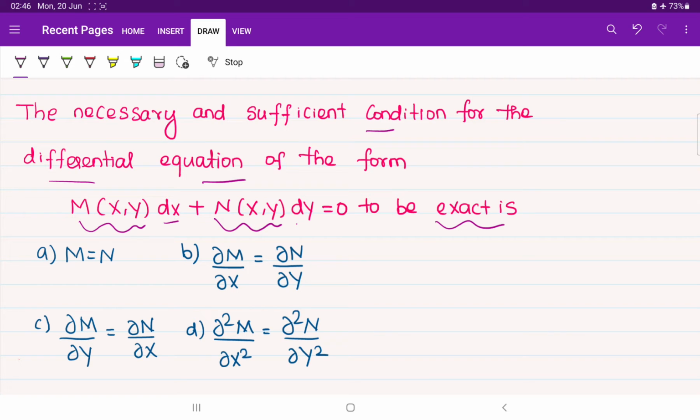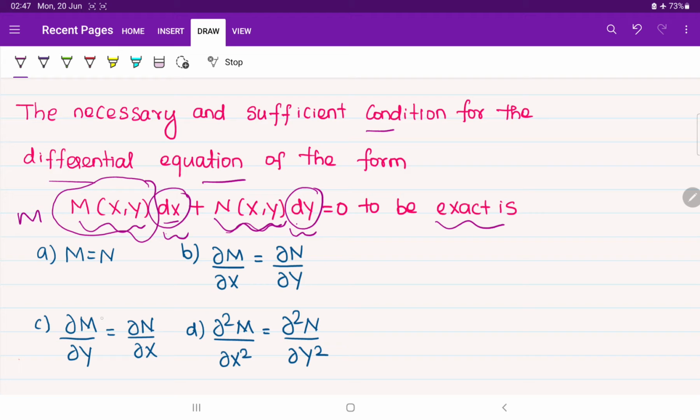First you have to understand, if you are given a differential equation in this form, some expression in terms of x and y will be there with the dx, and some expression in terms of x and y will be there with the dy. This might be something like x square y, x cube y. If something is there with the dx, you can call it M. If something is there with the dy, you can call it N.